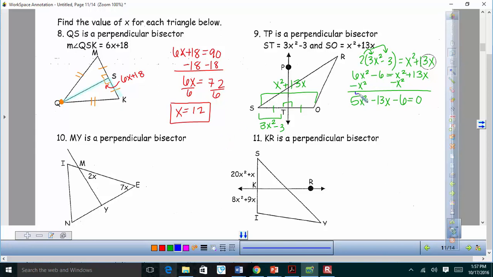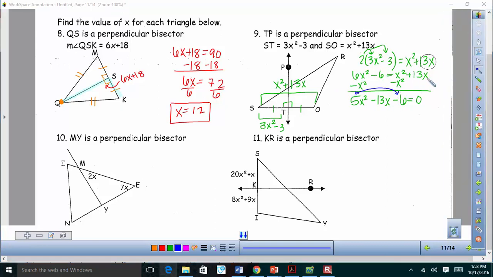We're going to do 5, our first, times the last. 5 times negative 6 gives me a negative 30. And then I'm looking for a factor of that adds to give me a negative 13. Yes? Very good. Negative 15 and 2.